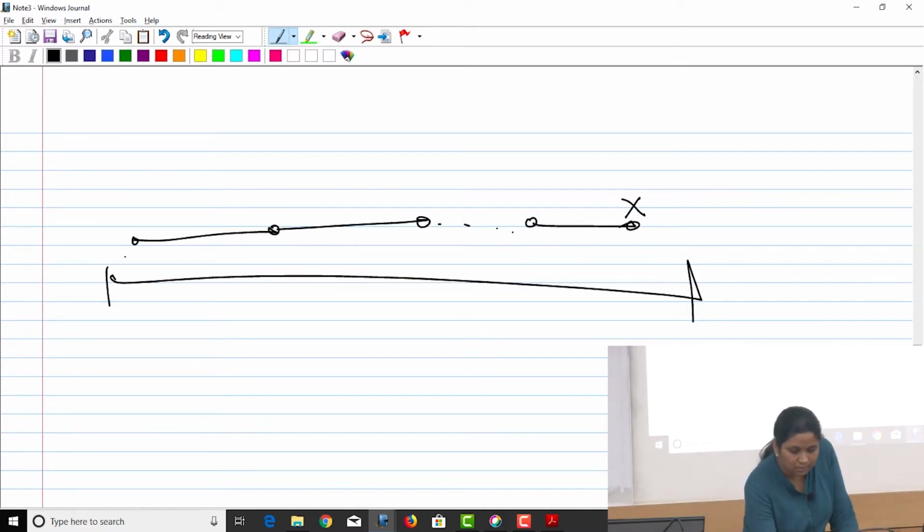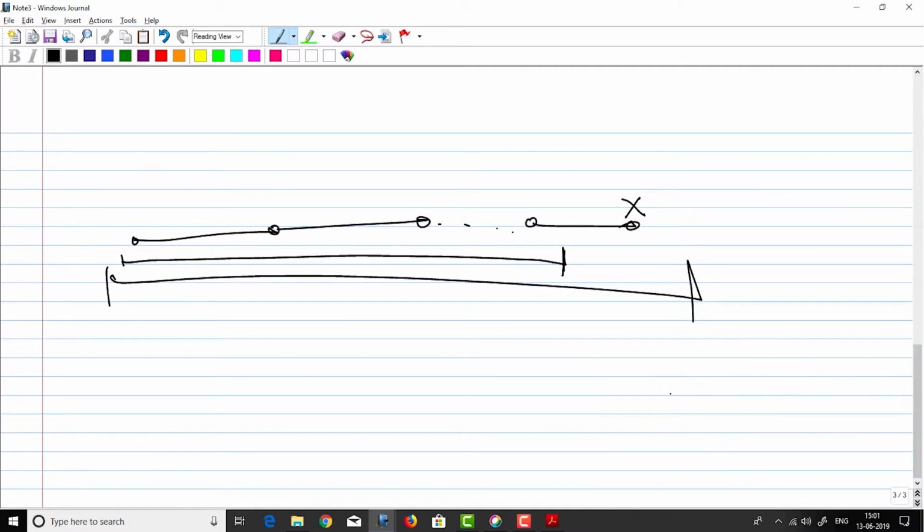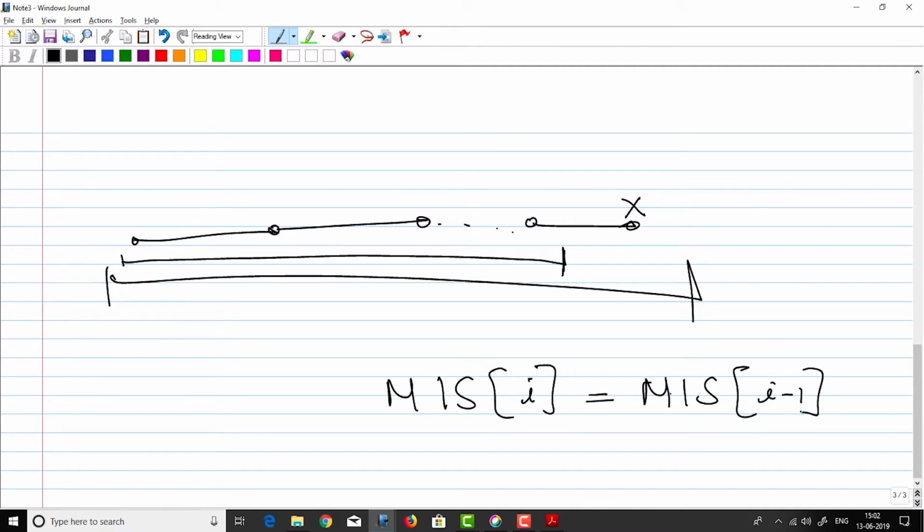It is the same as the solution of the graph till Vi minus 1, right? Anyway, Vi is not part of my solution for MIS of i. So in that case, MIS of i is the same as MIS of i minus 1. Okay, right. So now I know how to solve the problem if the angel has told me that the last vertex is not part of the solution.